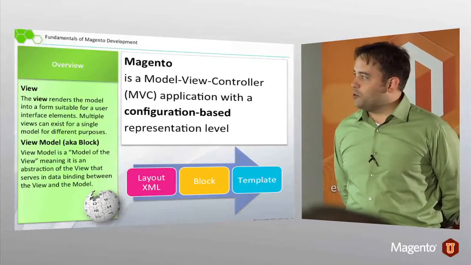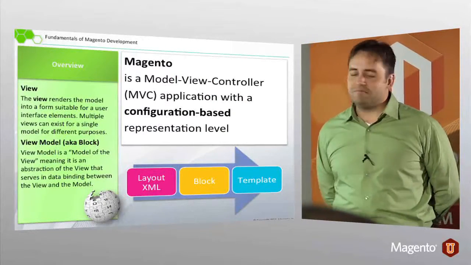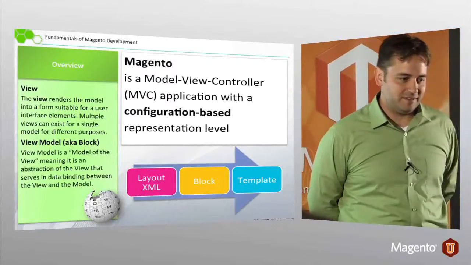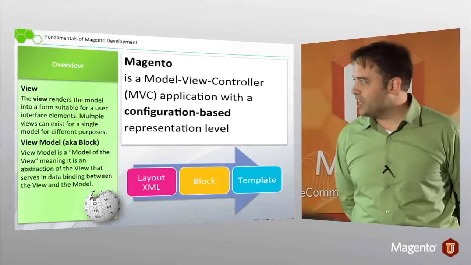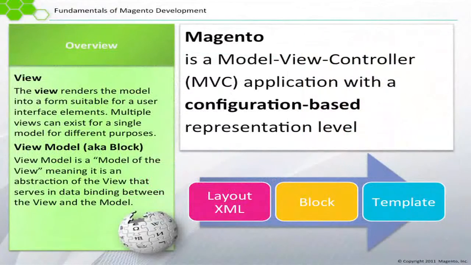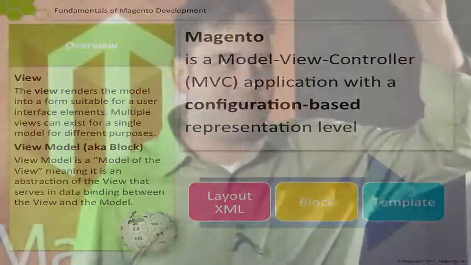So, more about the view. The view is more of a view model. I really like this term because views in a way are their own self-contained little applications. We have this thing called the layout XML. Is there anyone who has experience with layout XML so far? Who kind of hates layout XML? I used to hate it too.